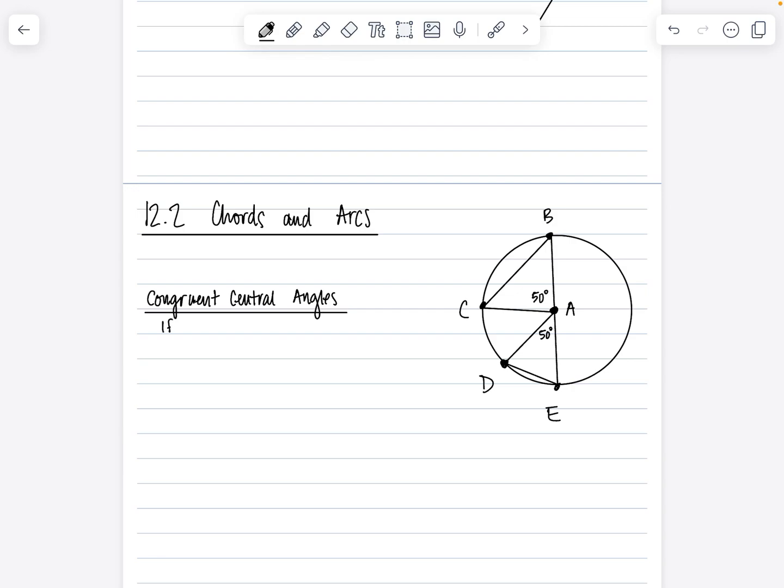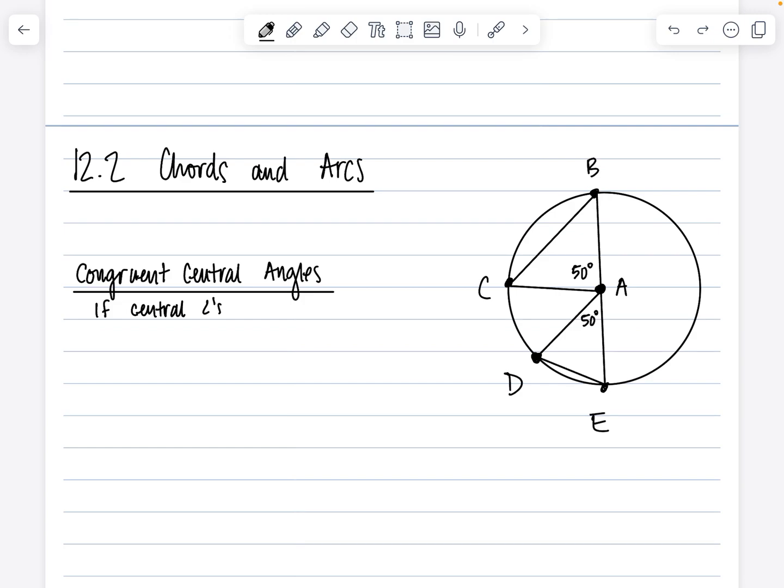So the first theorem states, if central angles within the same circle, or congruent circles, are congruent, and I'm going to write this as an if-then, then the arcs are congruent.